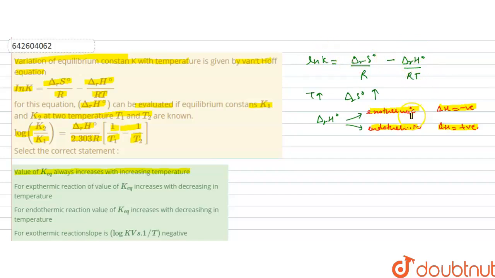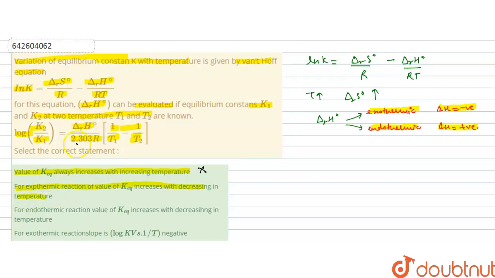But if it is endothermic, then this value will be less, and K equilibrium will decrease. So this statement is incorrect, that it always increases with temperature. It will depend upon the reaction, whether it is exothermic or endothermic. So this is incorrect.